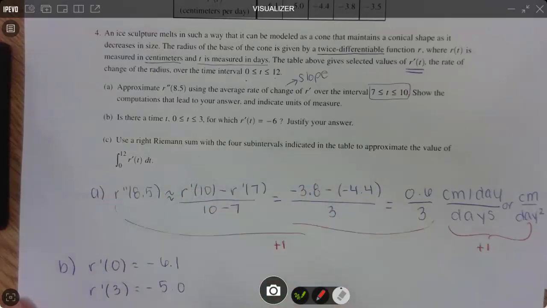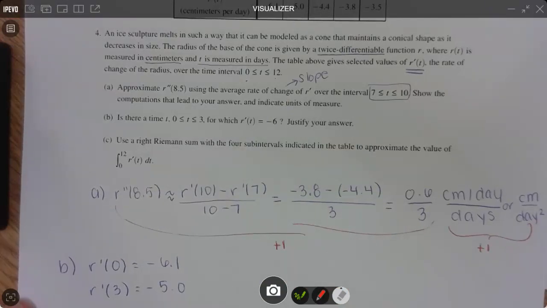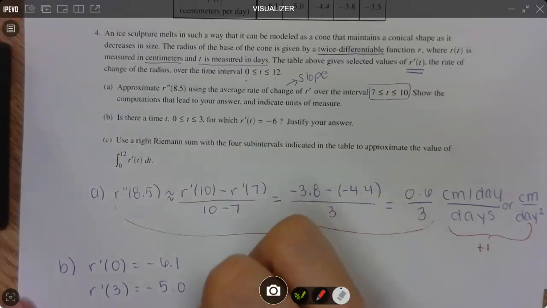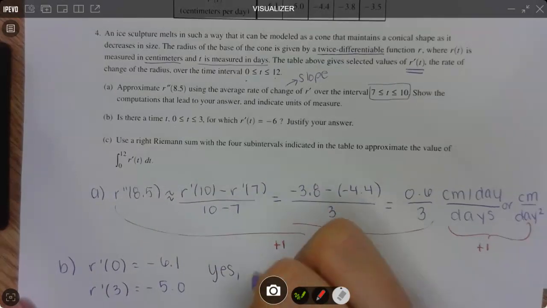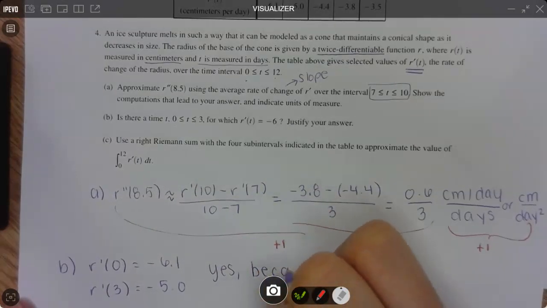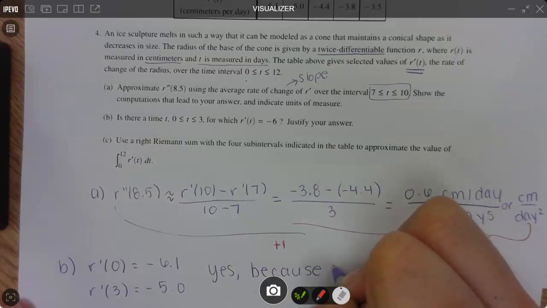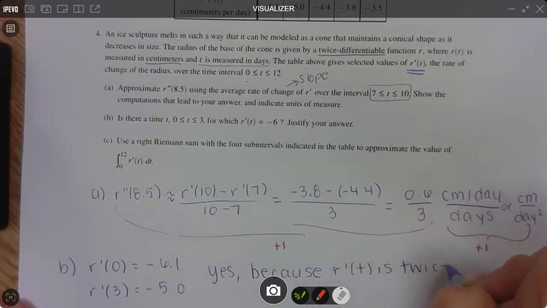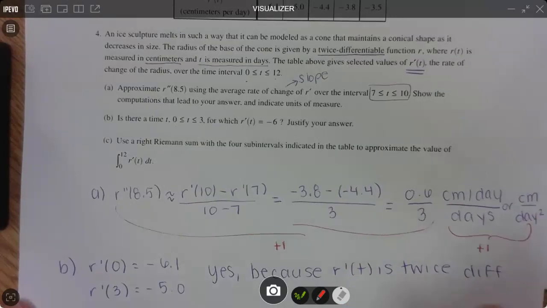So is there a time at which it would be negative 6? Well, negative 6.1 is here, negative 5 is there. So to go from negative 6 to negative 5, it would have to cross negative 6. So the answer is yes, because r prime of t is twice differentiable.